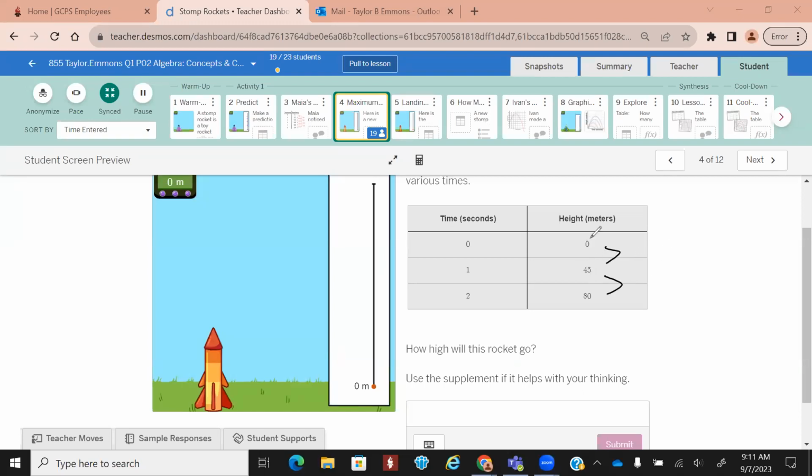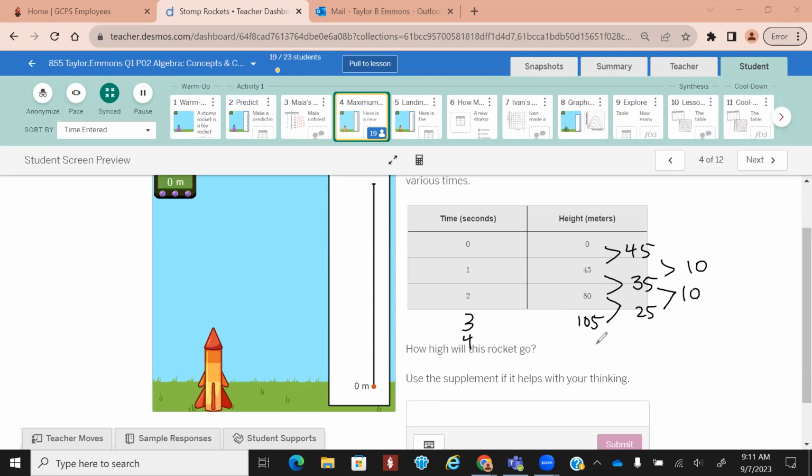So what's the difference between 0 to 45? 45. Okay, what is the difference between 45 and 80? 35. Okay, so there's a difference of 10, right? On this next one, there should be a difference of 10 here, which means this should be 25, which means that this would be 105 at 3 seconds.